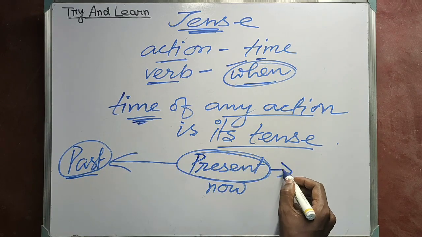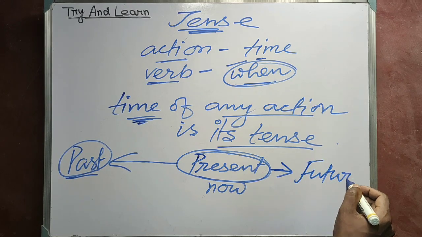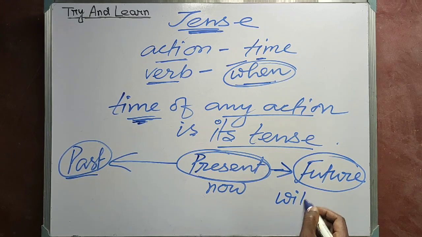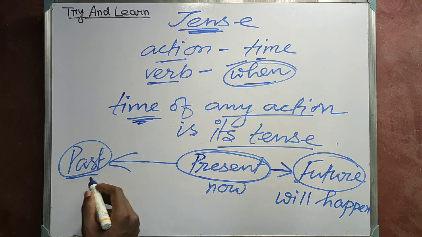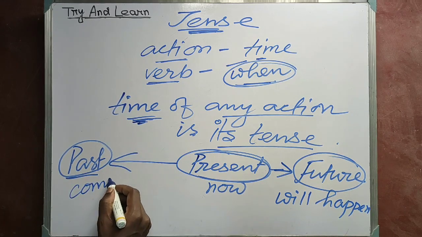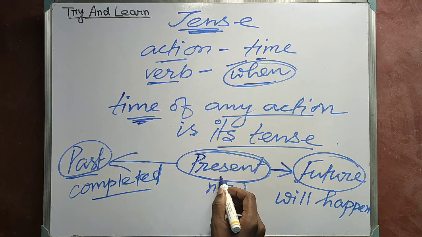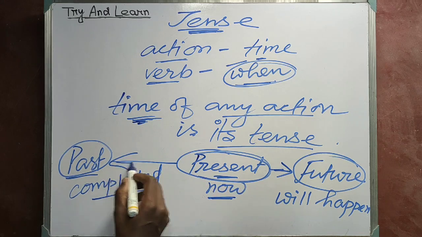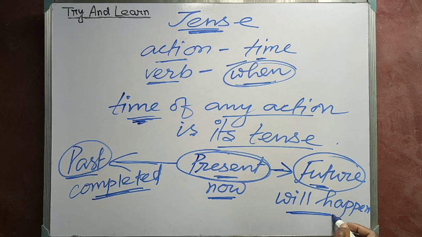But if it will happen next, it is future, means it will happen. Present tense shows the action now, past tense shows the action completed, and future tense shows the action will happen.